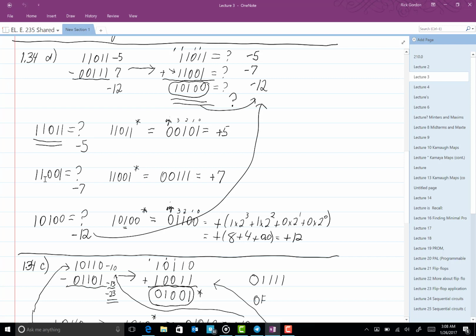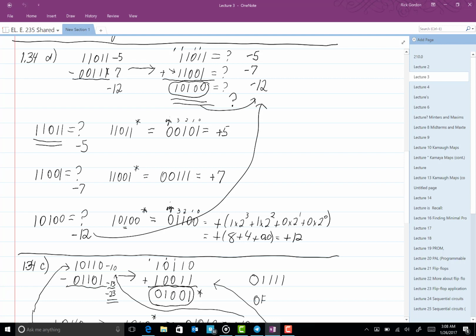Similarly, for the second number here, remember we're adding these two numbers together, so this second number, what is it equal to? Well, one way you could do this is rather easy. If we look over here, remember this number was the 2's complement of this number. And this number, since it is a positive number, is easy to figure out.